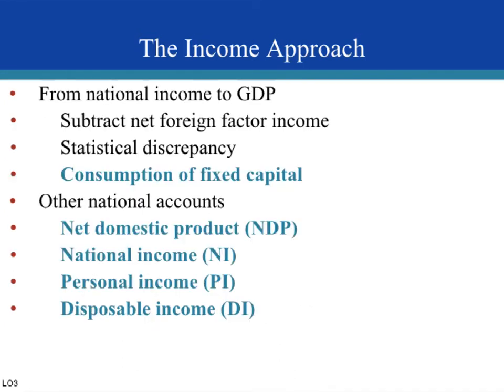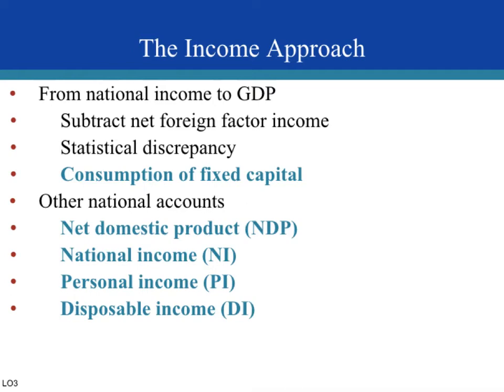When we look at the expenditure approach, we subtract imports from GDP because they are produced in another country. So here, to keep it consistent, we subtract net foreign factor income. What exactly is net foreign factor income?